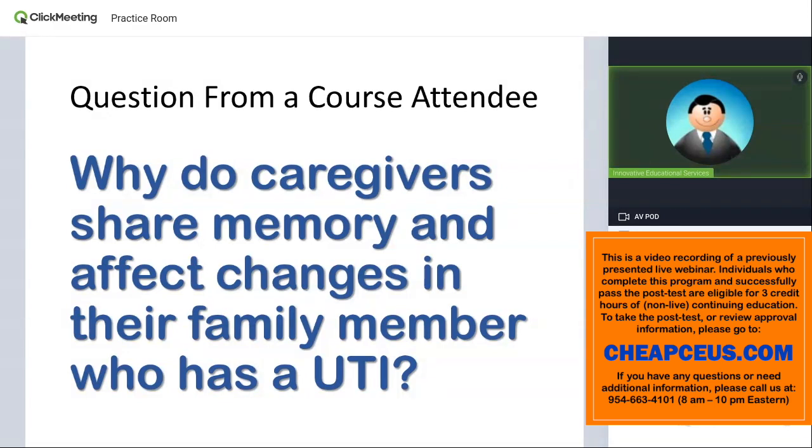Oftentimes it's also the last thing that family members may be considering as a cause for those personality or thinking changes that they're seeing. So sometimes they call it a silent UTI, where the only observable change is in behavior for the individual that the family and friends are noticing.